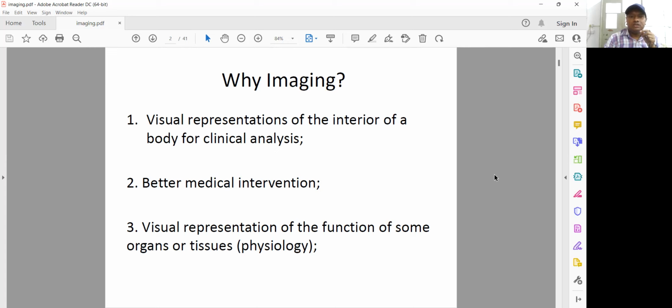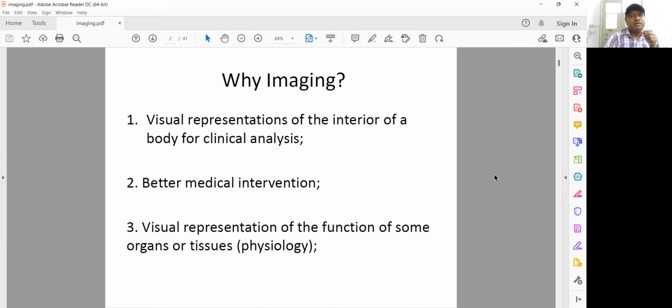When he sees up to how many cells, or how severely the cancer cell has affected the tissue, it becomes easier to treat. Okay, so better medical intervention is another important aspect of imaging.